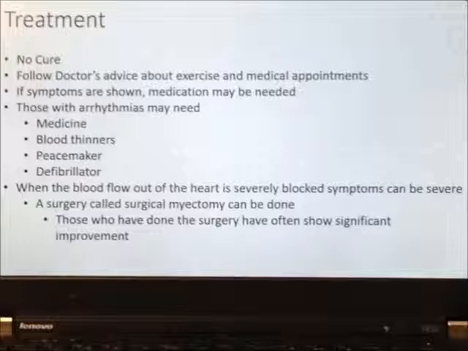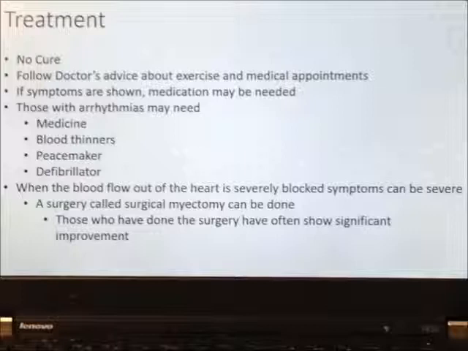These medications can relieve chest pain and shortness of breath when exercising, and they can contain beta blockers and calcium channel blockers. Those who have arrhythmias may need medicine to treat the abnormal rhythm, blood thinners to reduce the risk of having a blood clot, a pacemaker to help control the heartbeat, and a defibrillator to recognize any life-threatening rhythms.